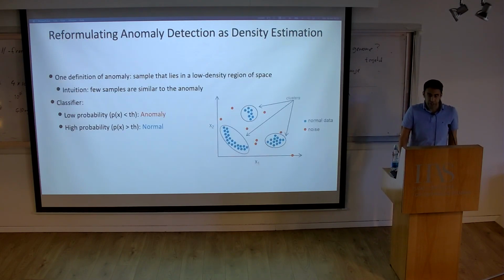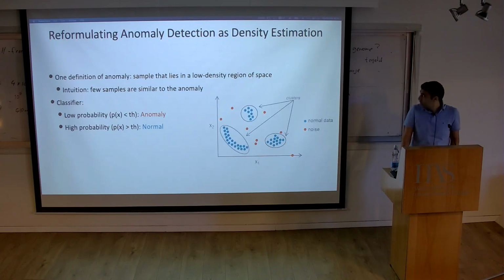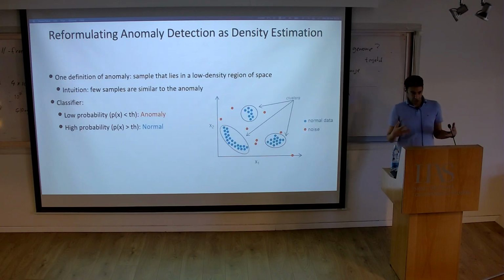Okay, so one mathematical way in which we often try to reformulate anomaly detection is as density estimation. And this is very commonly done. Basically the way that we see it is like this. We try to estimate the probability density function of normal data in the feature space in which we represent them.